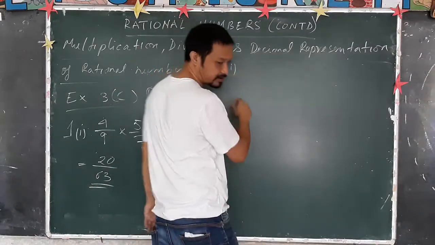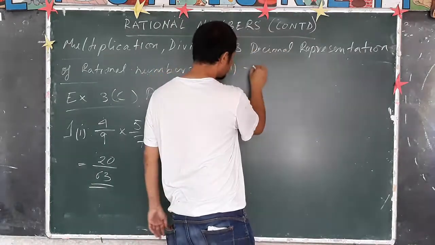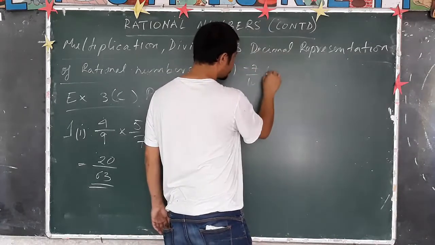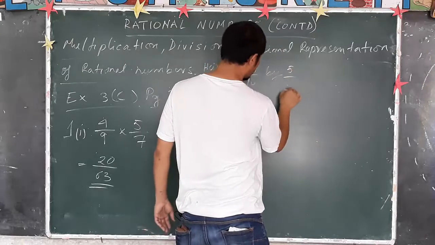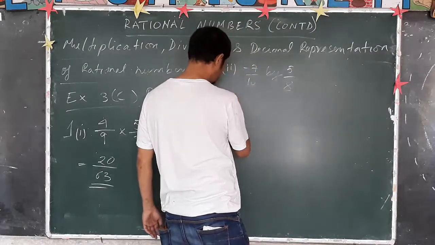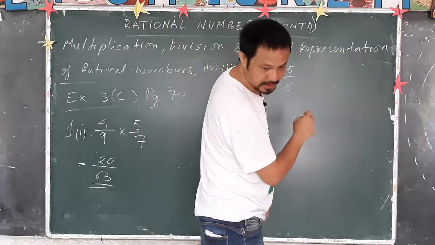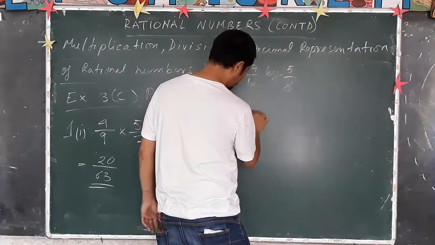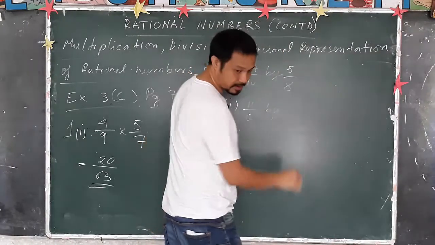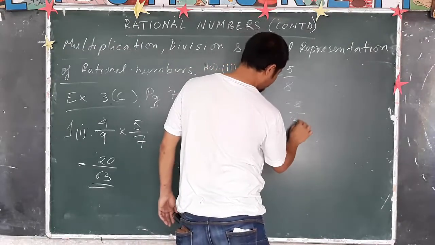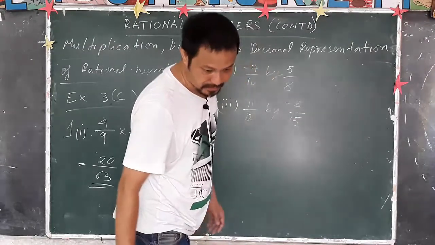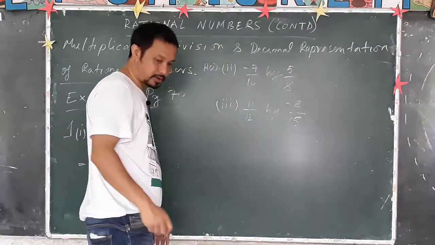Subsection 2 is multiply minus 7 upon 10 by 5 by 8, and number 3 is 11 upon 12 by minus 8 upon 15. Okay, so this is what you need to do for your homework.